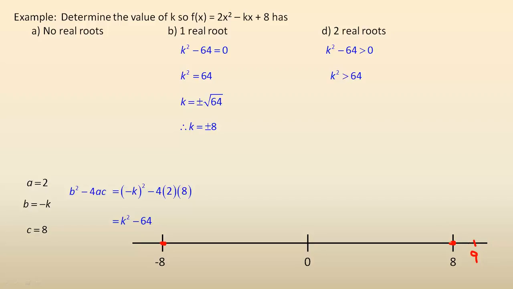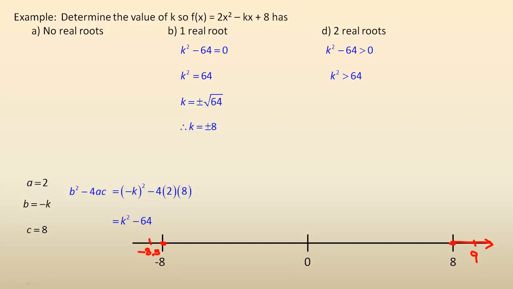In fact, anything bigger than 8, going in this direction, if you square it, like 10 or 11.2, squared is going to be bigger than 64. But also numbers below here, for example, let's say negative 8.5, a little bit below negative 8.